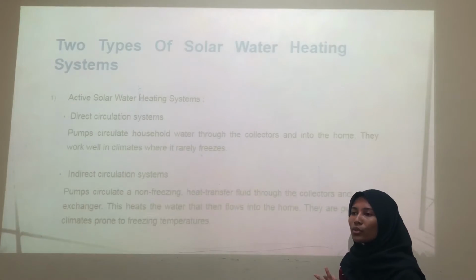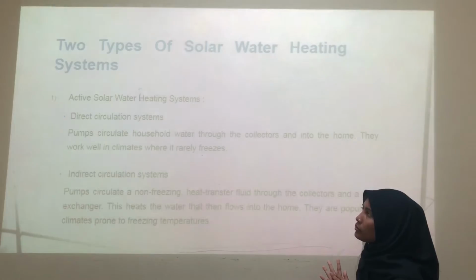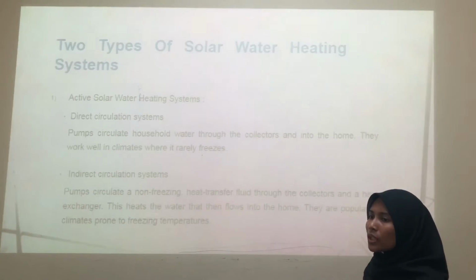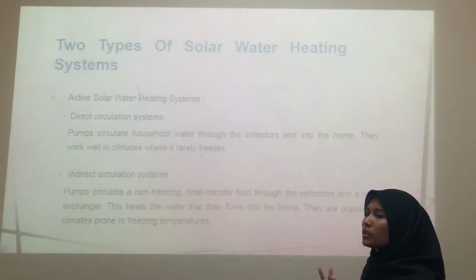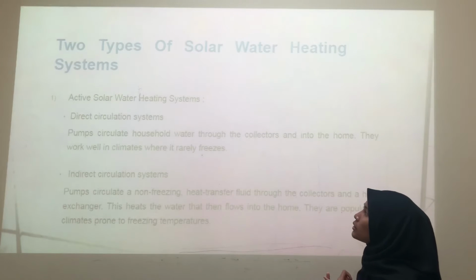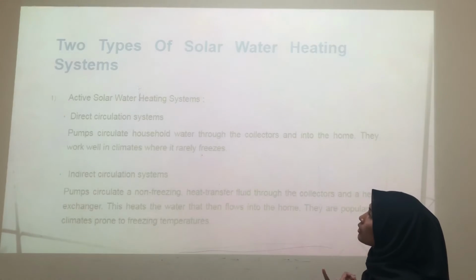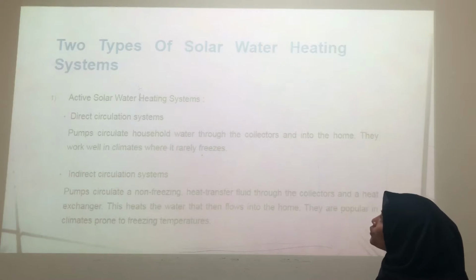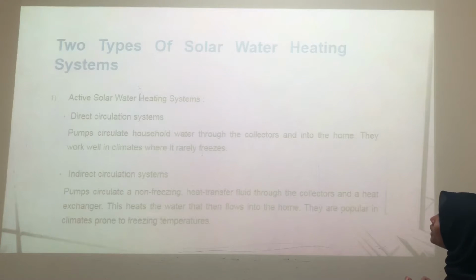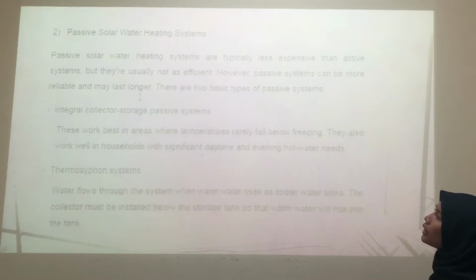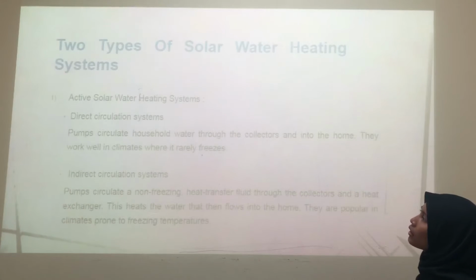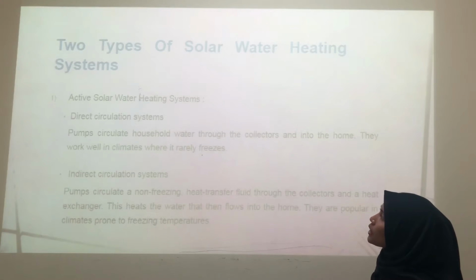Two types of solar water heating system. First one, active solar water heating system. Ada dua. Satu direct circulation system. Yang kedua indirect circulation system. Untuk direct, pump circulate household water through the collectors and into the home.